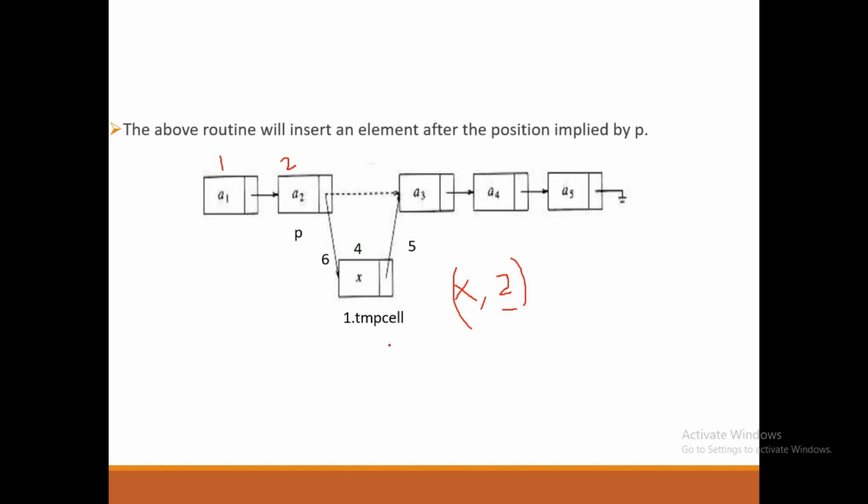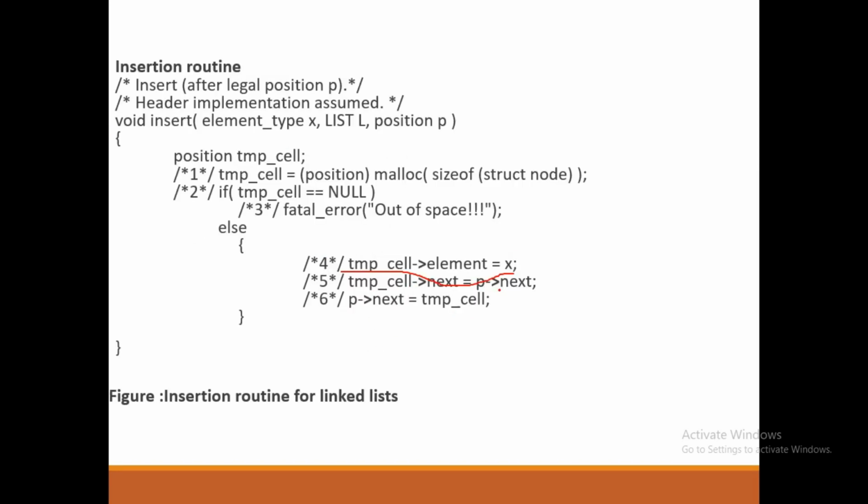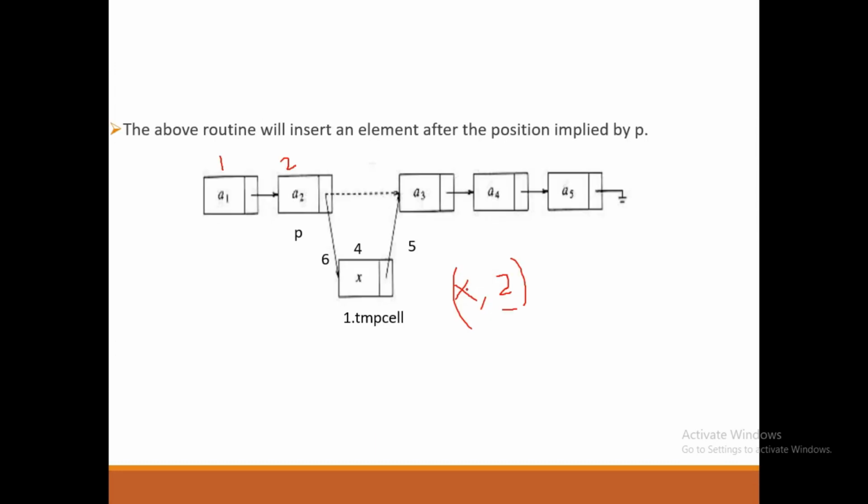Okay, then term cell next equal to p next, in the sense the term cell next is pointing to the p next. Okay, already this p next is pointing to this place, the same place will be pointed to by this term cell next, then p next should point to this term cell. That's all.